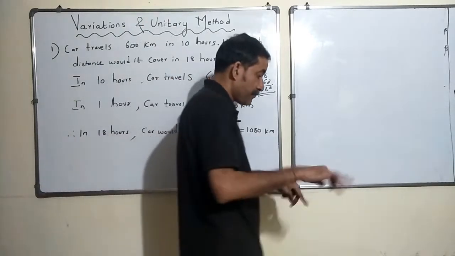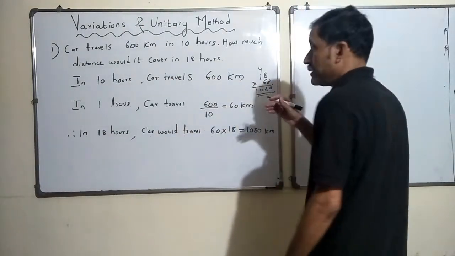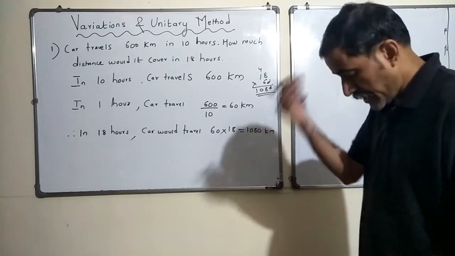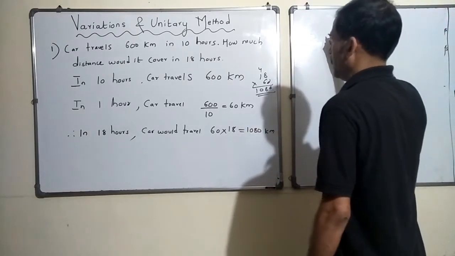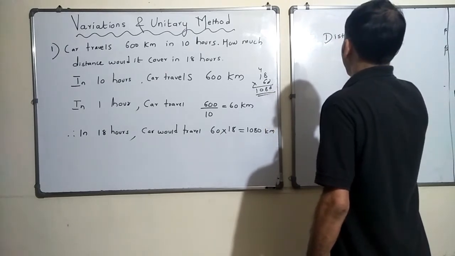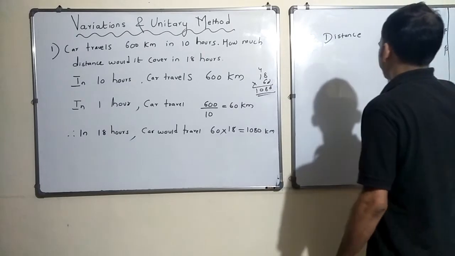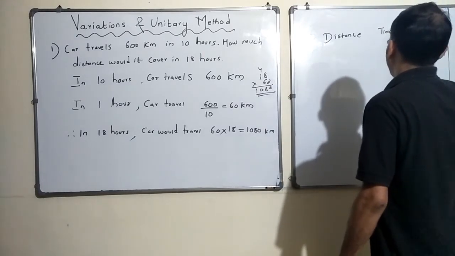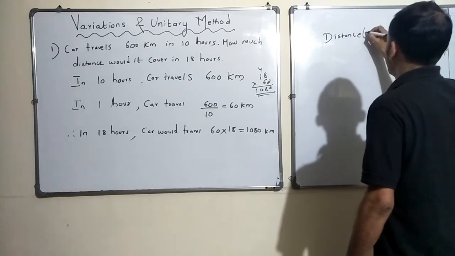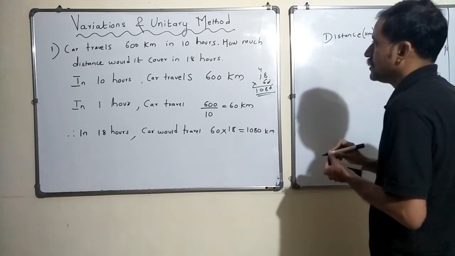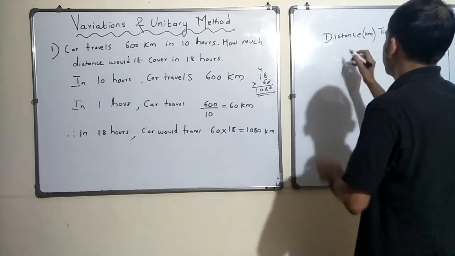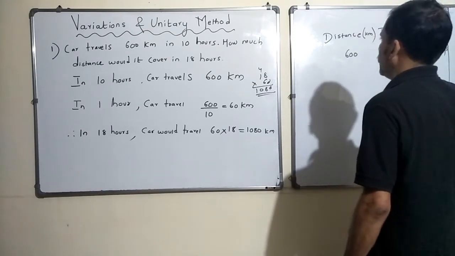Let's try the case wherein we identify whether it is a direct proportion or an inverse proportion. Let's see. Distance and time. Time in hours, distance in kilometers. So now 600 kilometers in 10 hours.